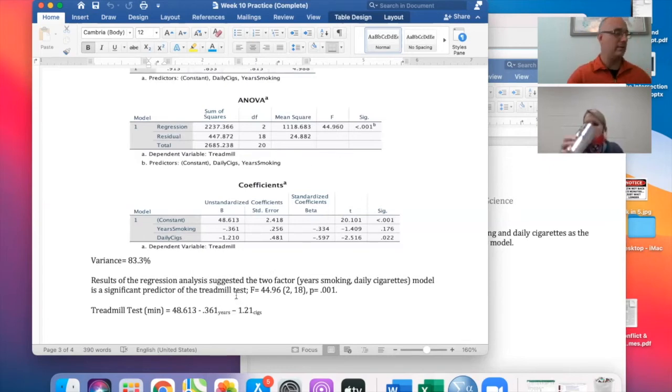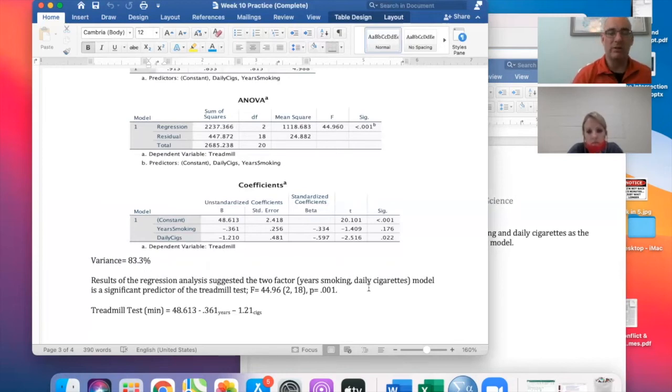Anytime we report something like that, we always want to follow that up with our F statistic, in this case 44.96, our degrees of freedom 2 and 18, and then our P value, which is less than 0.001, but we can just round that to P of 0.001. We know that's a significant predictor because P of 0.001 is less than 0.05.